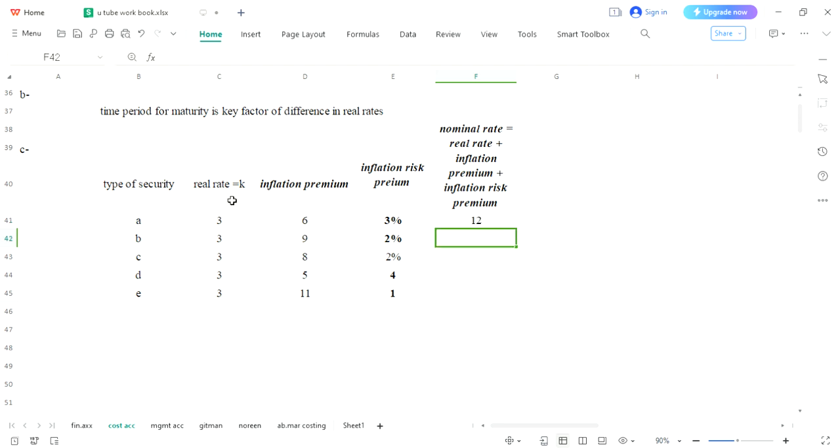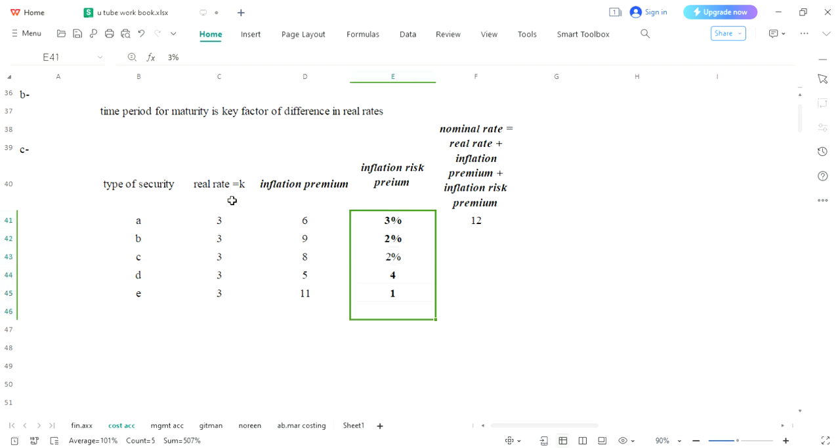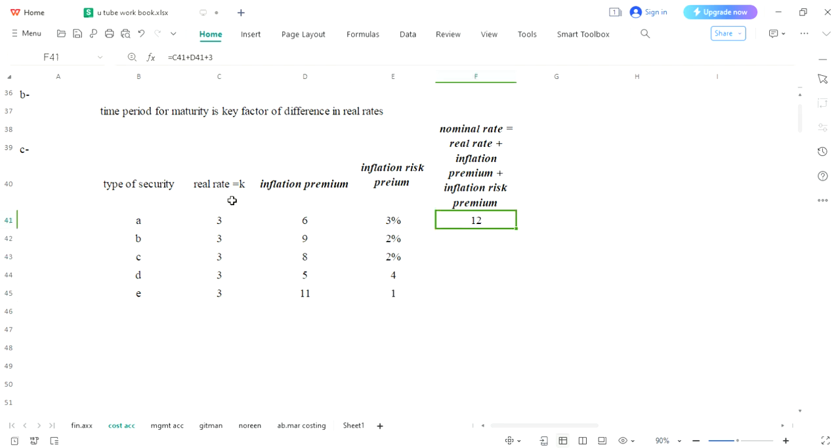So finally, you have got 12% as your nominal rate, where both inflationary expectations have been added, and first security is completed. For second security, 3% was real, then inflation premium 9 and 2% was risk premium.